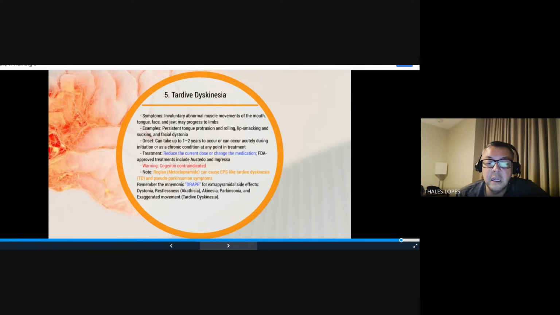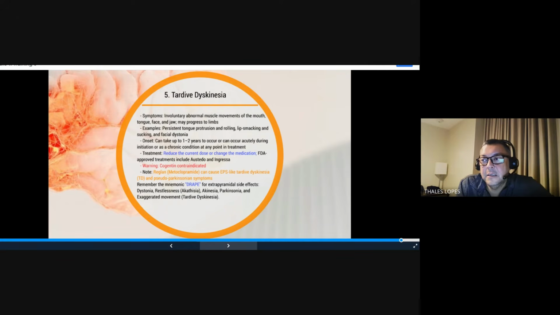You can do a mnemonic to remember the extrapyramidal side effects: dystonia, akathisia. You could give a beta blocker or Cogentin. Dystonia, Cogentin. Akinesia, the lack of movement, Cogentin.